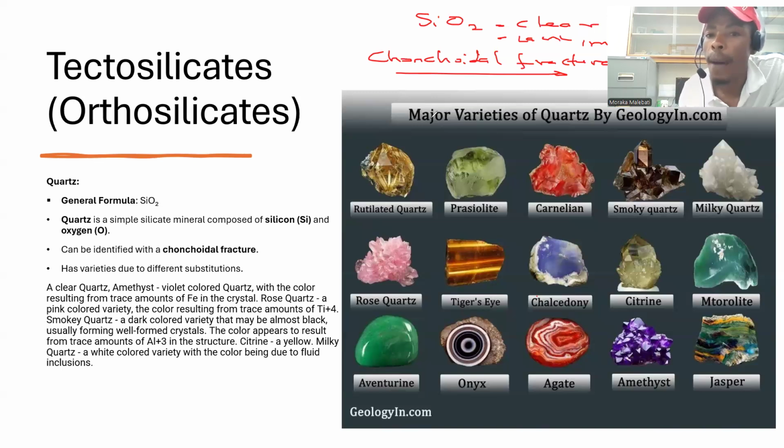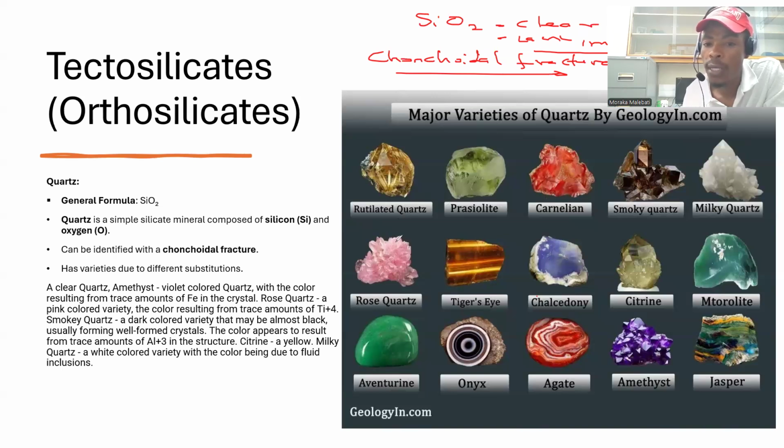But now, how can you differentiate the varieties of quartz? The clear one means it does not have impurities. It's just clear. That's the normal one that we are usually exposed to. But you can have different varieties of quartz.